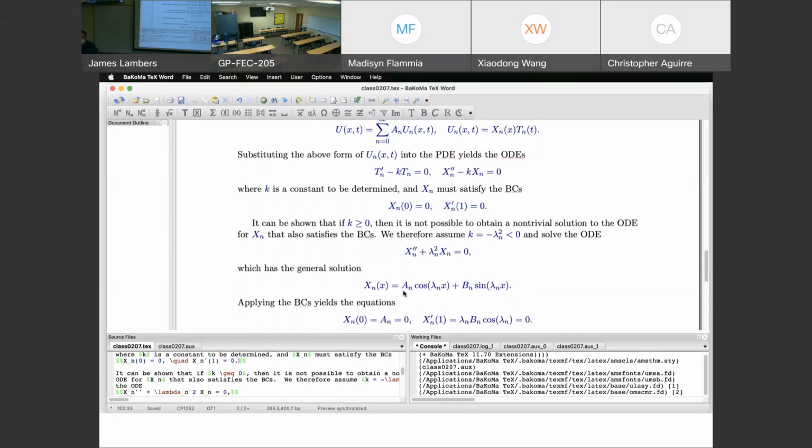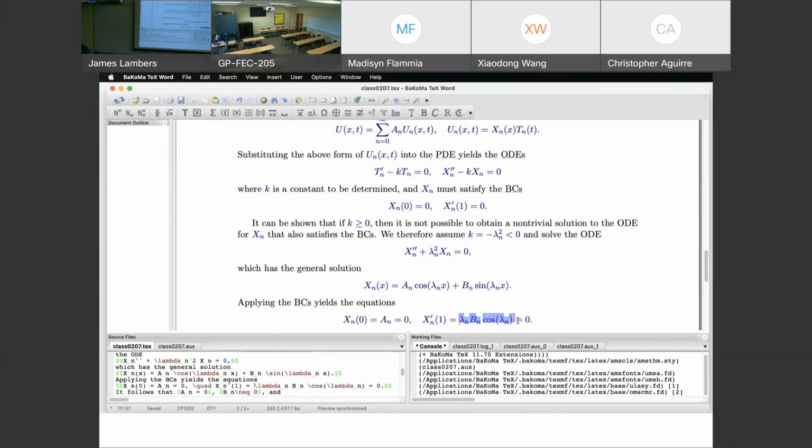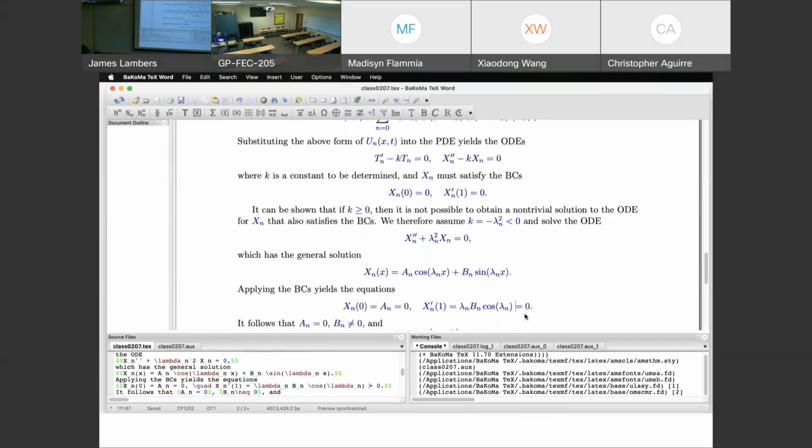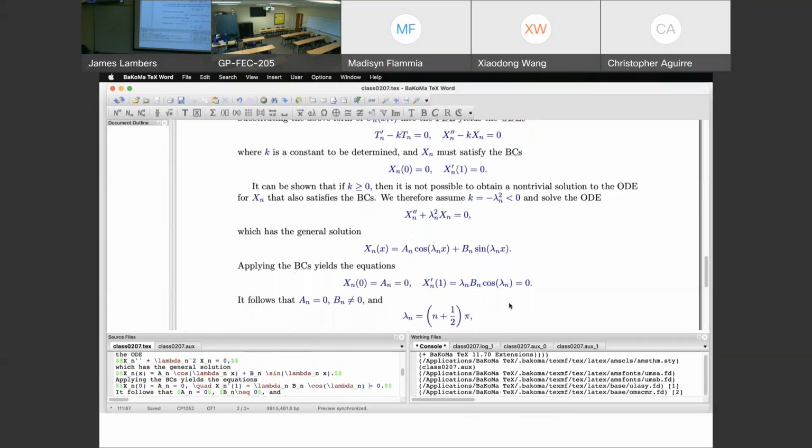In other words, there isn't going to be a cosine term. As for a sine term, I take the derivative and set x equals 1, and I get this, that must be 0. Now lambda_n is non-zero. B_n must be non-zero, because otherwise I'd have a trivial solution. Therefore, this must be 0.